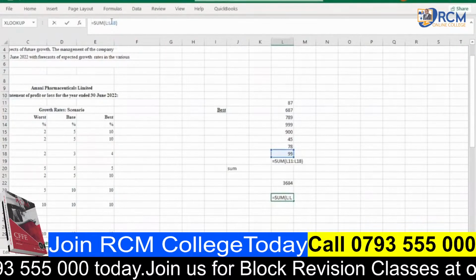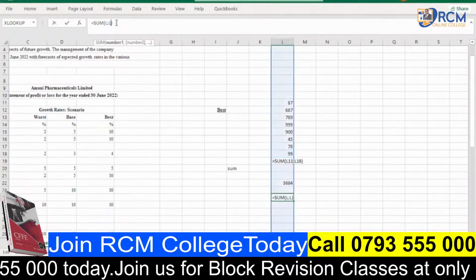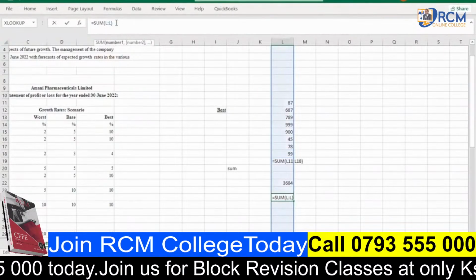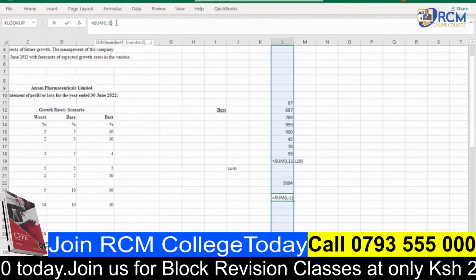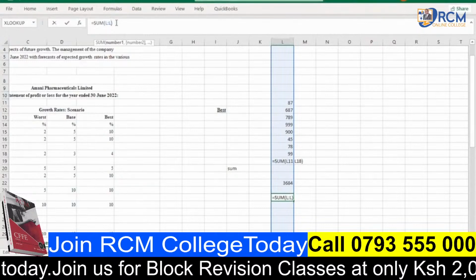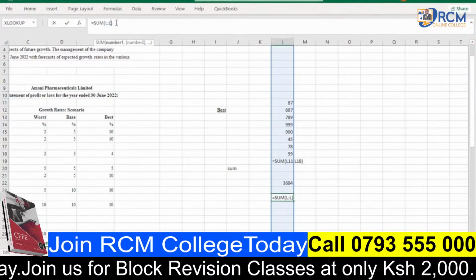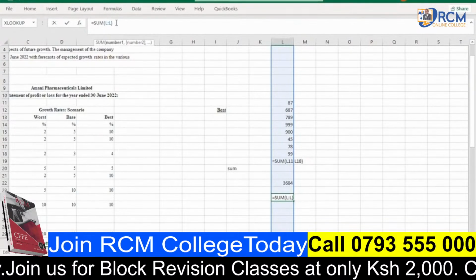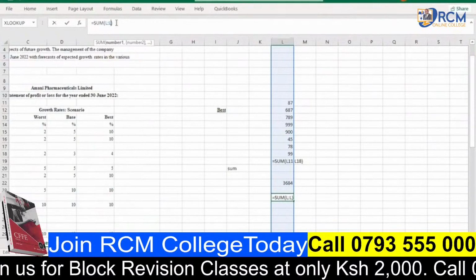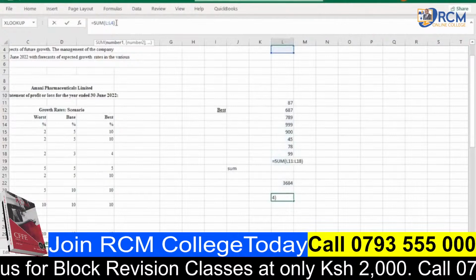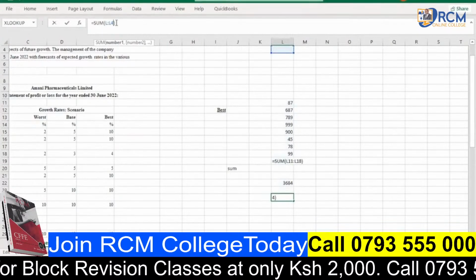But the moment I also delete 18, you will now see the entire column is highlighted. So if I want to highlight the entire column, I just say L. And then I have L to L, which means I'm highlighting the entire column. But the moment I introduce any number to specify a cell or a row number, then it is not going to help me get what I need.